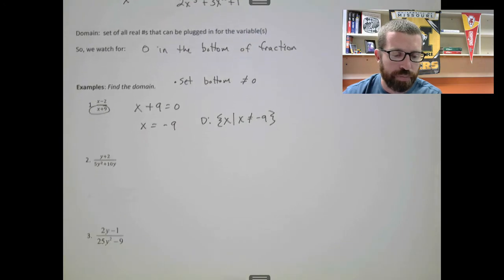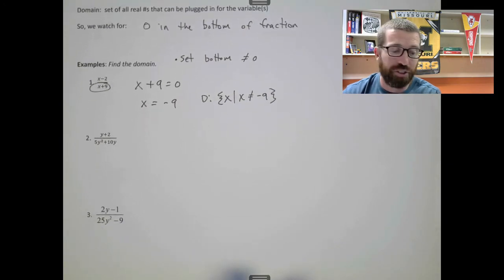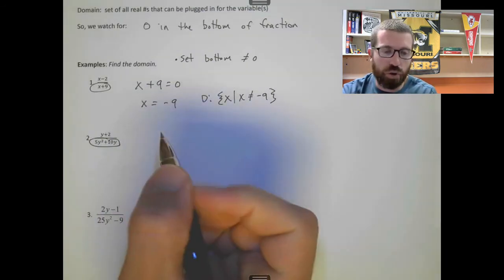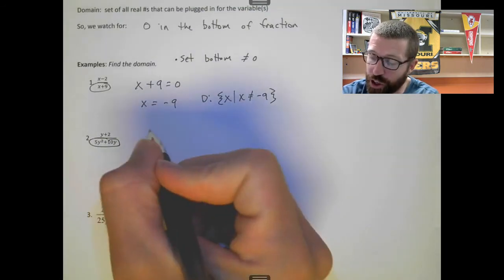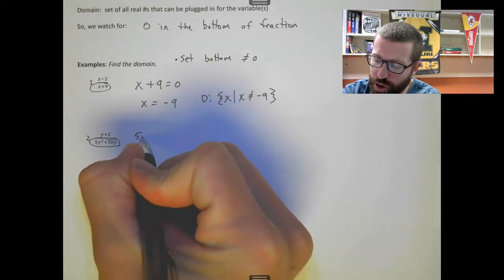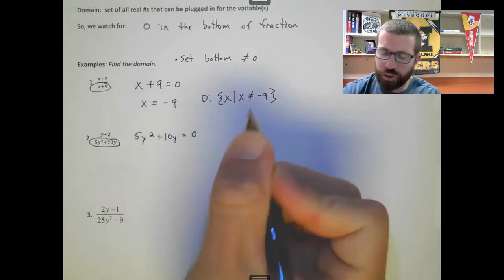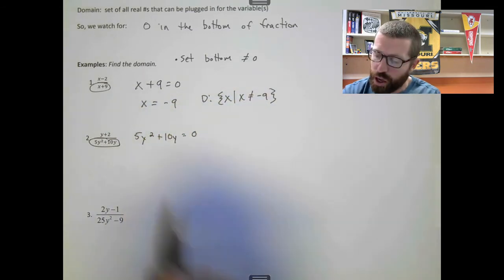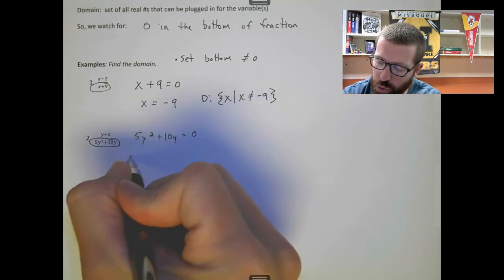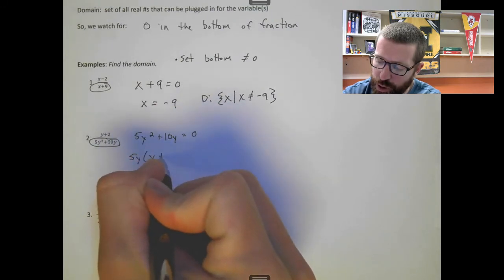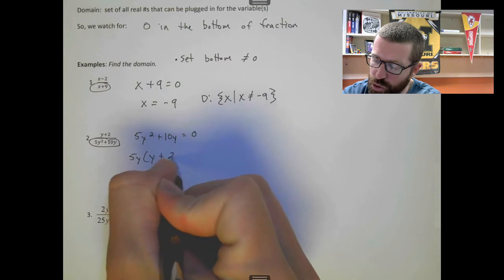On this next one, the steps are the same. Find the domain. Well, if I want to find the domain, I have to know when the bottom is equal to 0. So if I set 5y squared plus 10y equal to 0, this is a little more complicated to solve, but I can factor out a 5y, and I'm left with y plus 2.